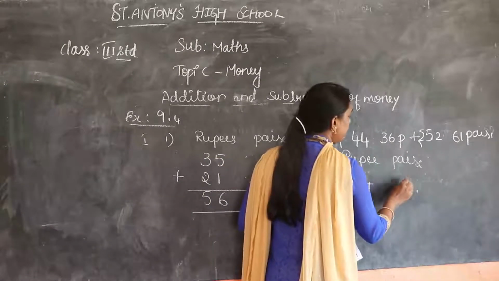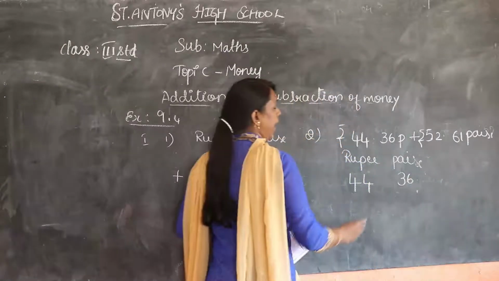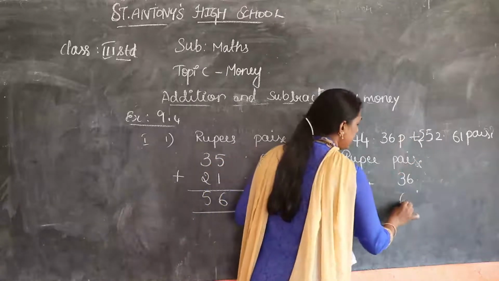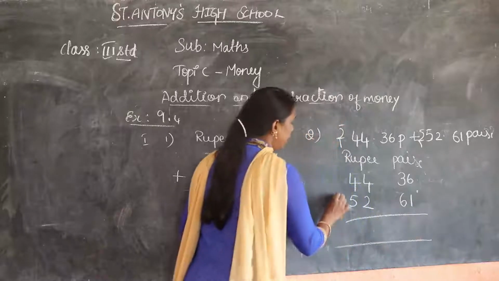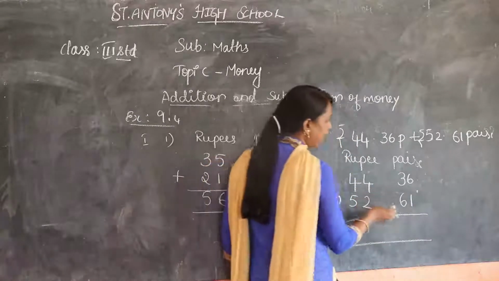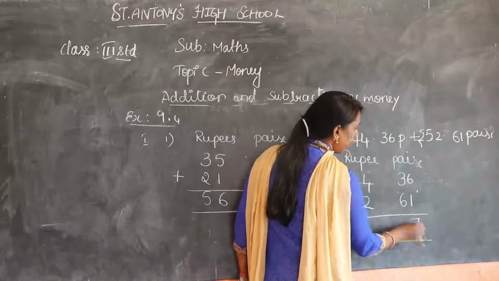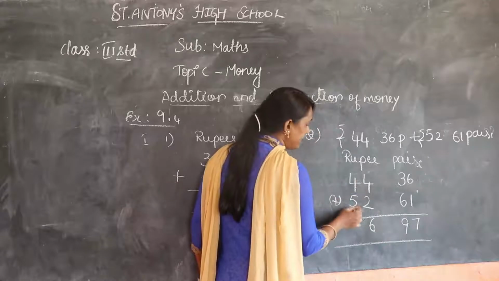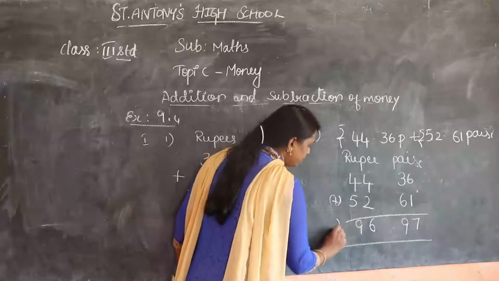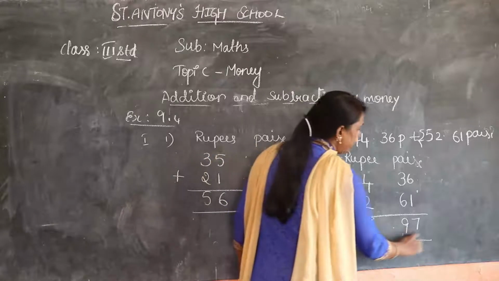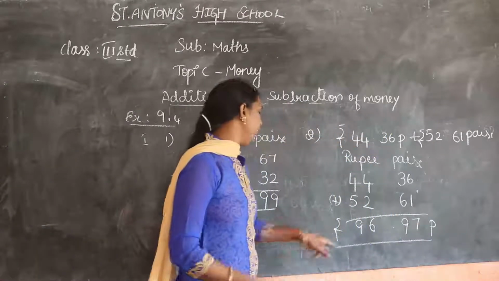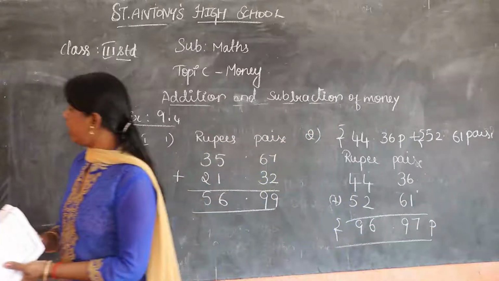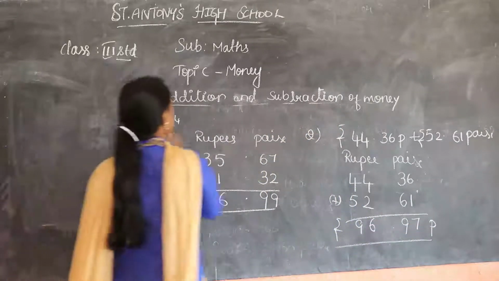Here 36 we have to write below the paise column, and 52 in the rupees column and 61 in the paise column. Okay, write down the addition symbol plus. Now we have to add this. 6 plus 1 becomes 7. 3 plus 6 is 9. 4 plus 2 is 6. 4 plus 5 becomes 9. Answer is rupees 96.97 paise. Okay. So now we have to subtract some of the sums.